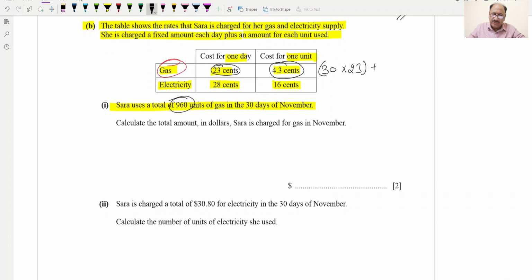the units which are 960, so 4.3 multiplied by 960, and this will be the amount.